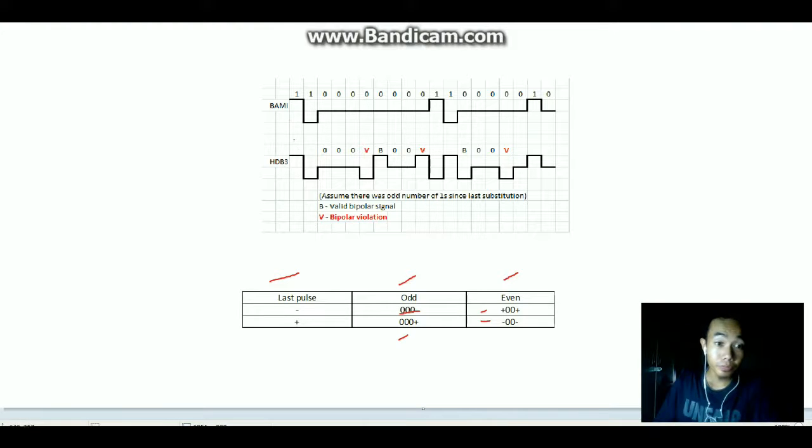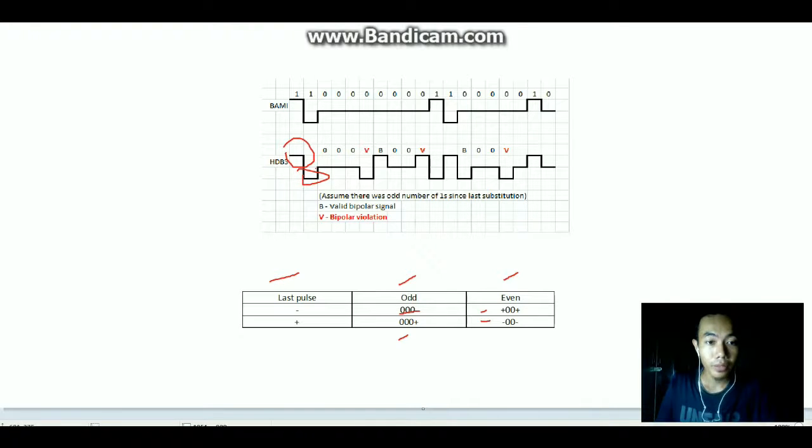So by looking at the graph, the first part is 1 and 1, both at different levels, one at negative and one at positive, which is synchronization.